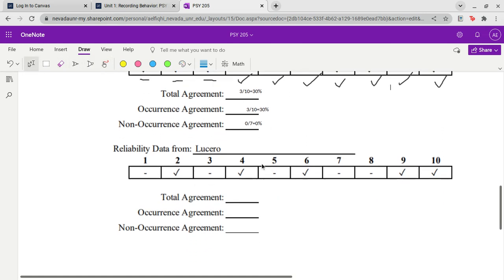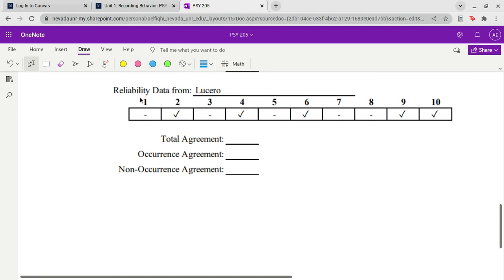Okay, so we have one more to go through, and that is with Lucero. So let's go through and draw ours real quick, just so it's easier. Okay, so it's going to be the same thing.